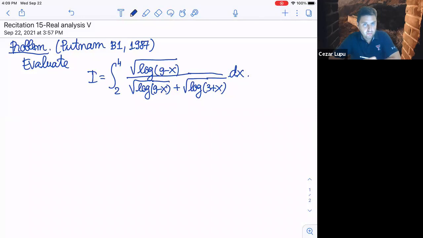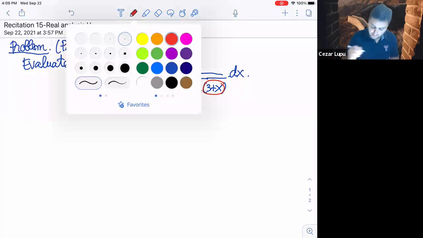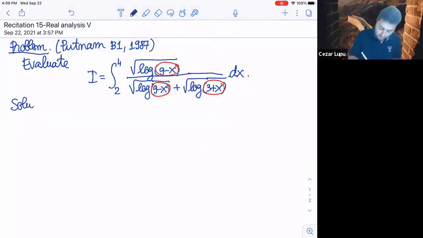But also, if you look at the quantities inside the natural log, you have 9 minus x and 3 plus x, and there is a relationship between these two. Let's point out this remark.